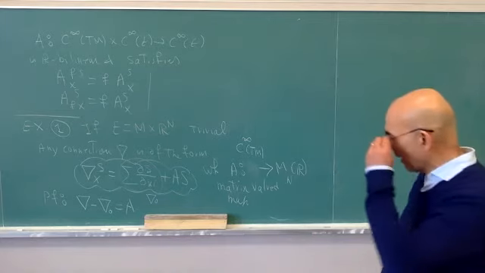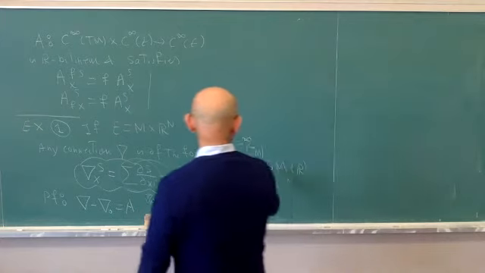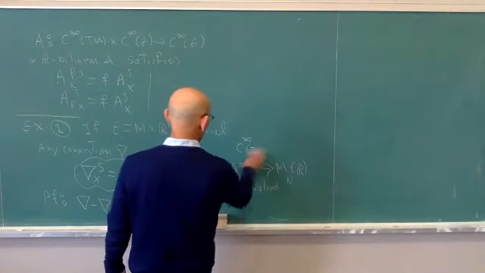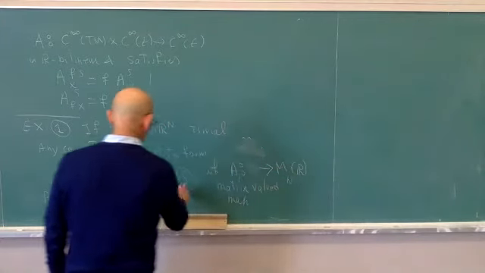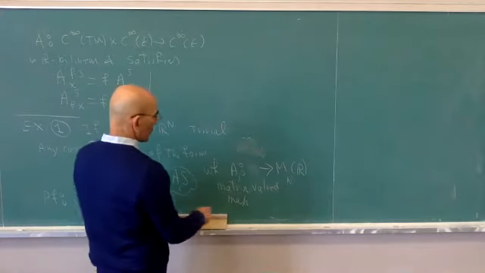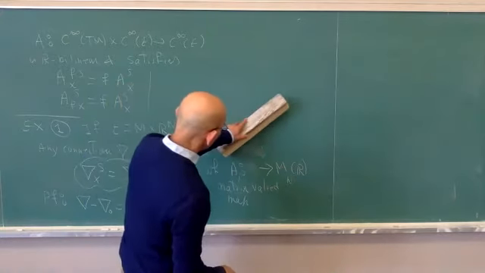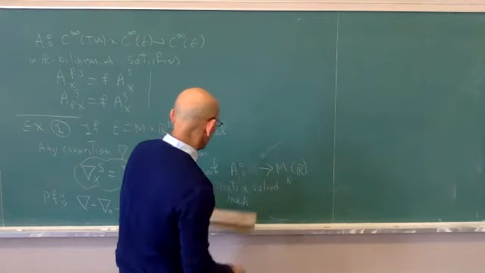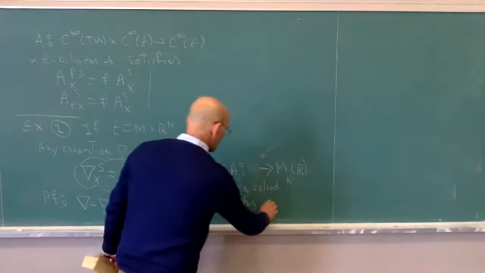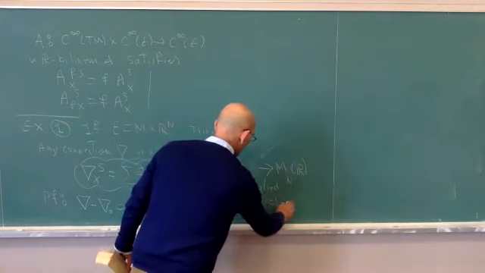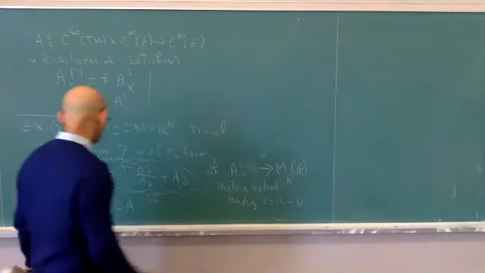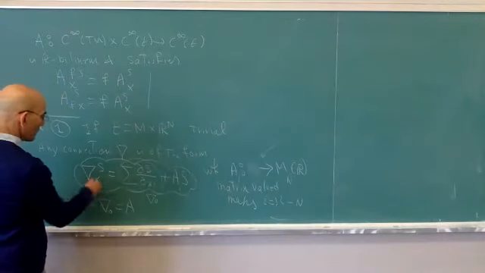So I should put AI maybe here. Yeah, better notation is just to put AI. And then here I put AI. So yes, matrix valued maps. So I equal to 1. So what is S?